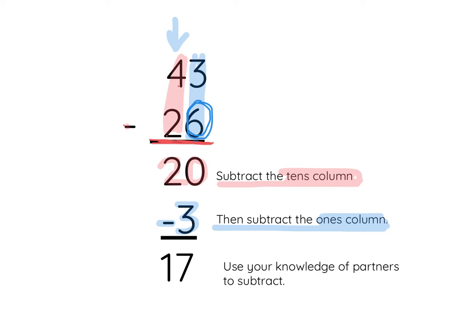Then you're just going to do another column subtraction and say 20 subtract 3. And the answer equals 17. And you should know that because you know that 3's partner is 7. And you took some away, so 20 subtract 3 equals 17.